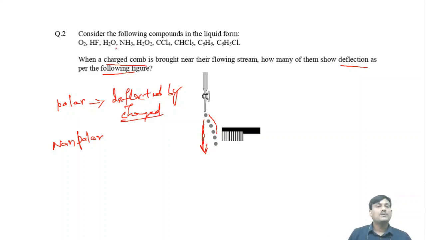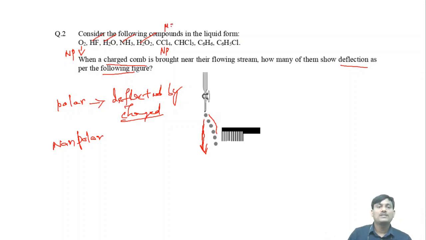In this case, you have to identify which are polar compounds and which are non-polar compounds. The diatomic molecule O2 is non-polar, and HF is polar, H2O is polar, NH3 is polar, hydrogen peroxide is polar, and carbon tetrachloride is non-polar, the dipole moment is 0.